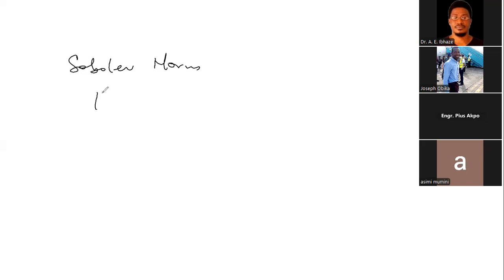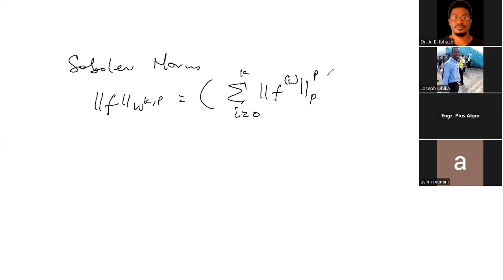The Sobolev norm, W^{k,p}, is given as the sum for i taking on values from 0 to k, of the norm of the i-th derivative of f, raised to the power p, and then to the 1 over p. So here, the Sobolev norm is used in spline approximations and finite element methods.